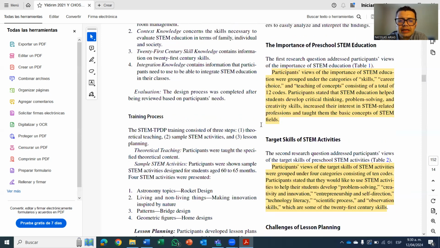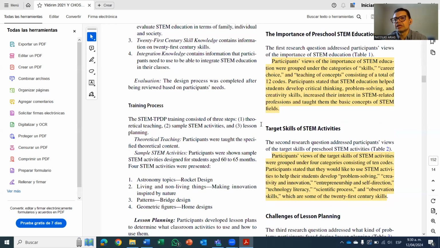They presented the summary of answers and the grouping of answers they obtained from that questionnaire. And they say the main conclusions they draw from those answers. They say, for example, the views on importance of STEM education were grouped in the categories of skills, career choice, and teaching of concepts, a total of 12 codes.